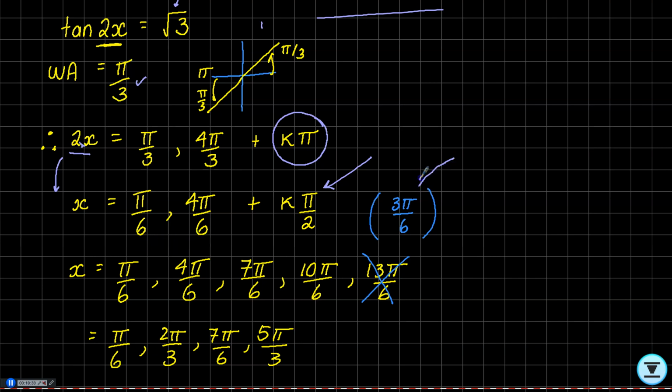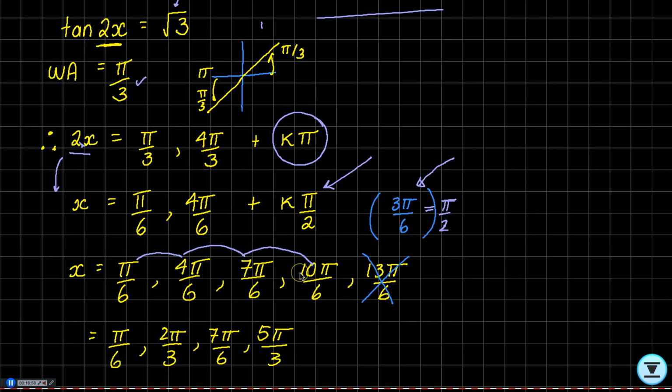In my head, if I wasn't using the calculator, I know that 3 pi on 6 equals pi on 2. And so I'm then just adding 3 to each of these. So 1 pi plus 3 is 4. That I already had. Plus 3 gives me the 7.